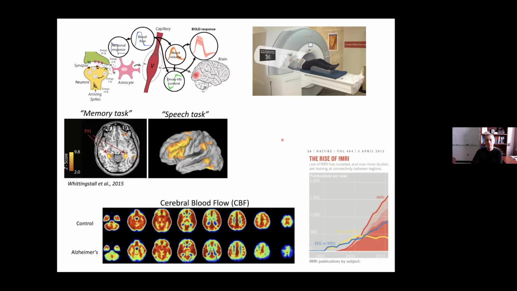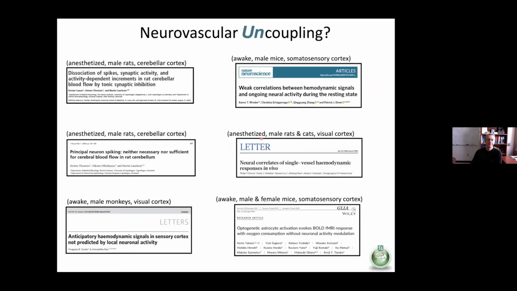And so this has given rise to fMRI, functional MRI, which is now basically the de facto measure that we use to measure brain activation in humans. It's non-invasive, it's relatively easy to use, and the maps are just absolutely splendid.